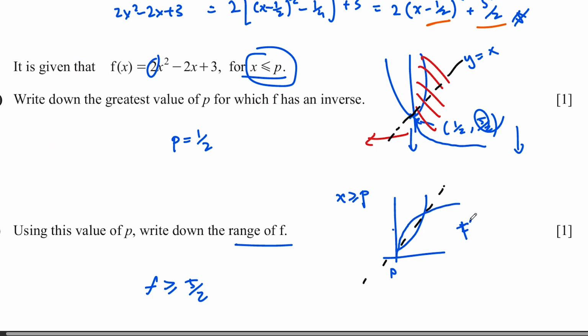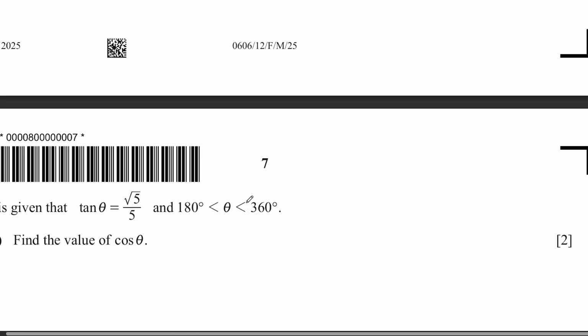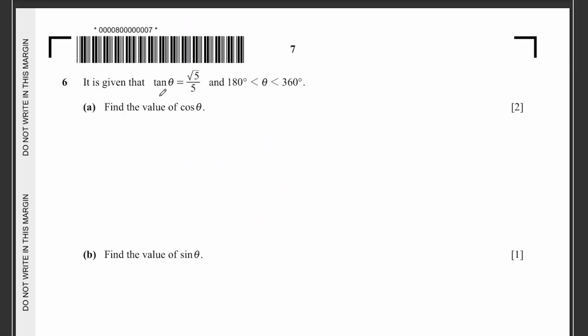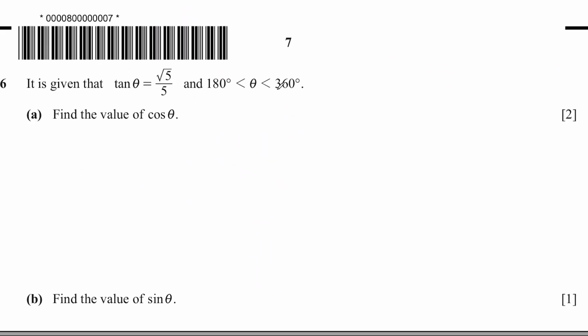This is the positive square root, and this one will be the negative square root. Given that tangent is this value, and between these two, this will be quadrant 3 and 4.